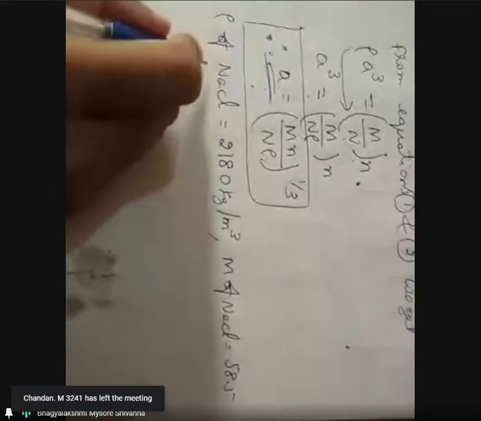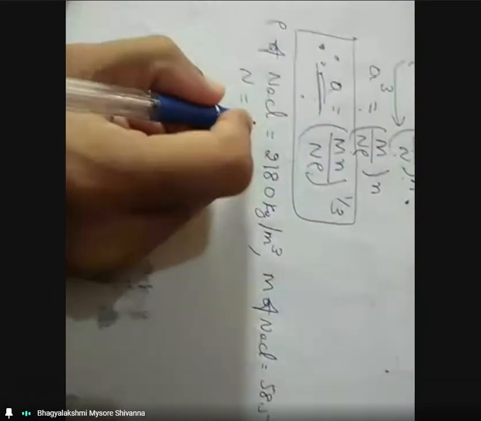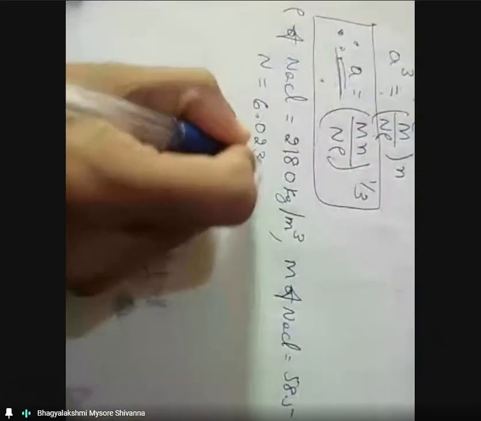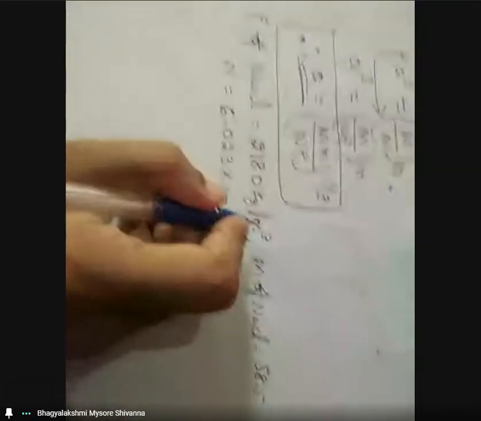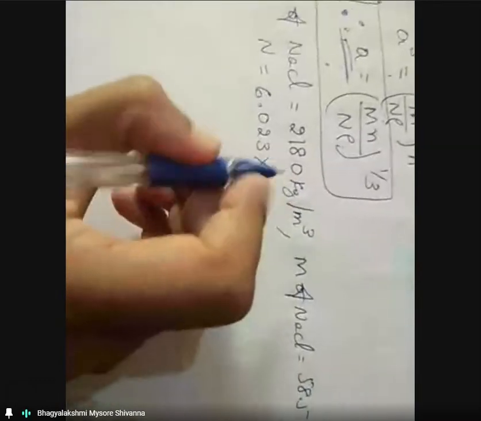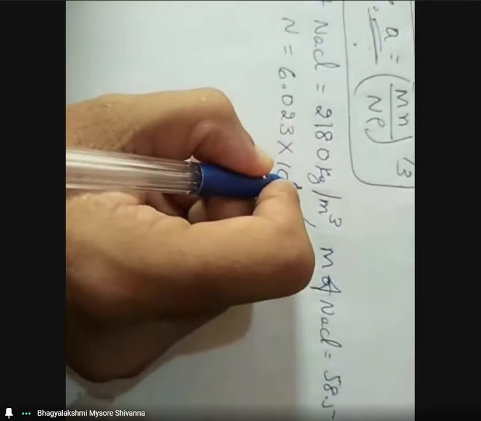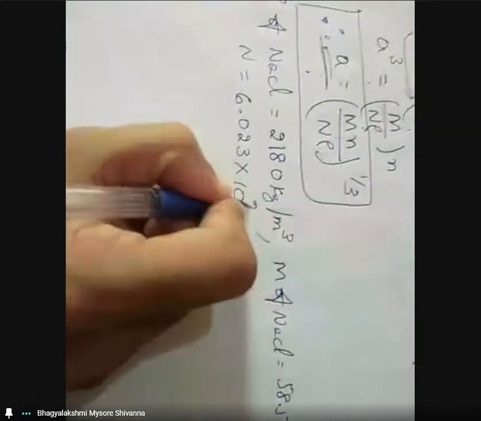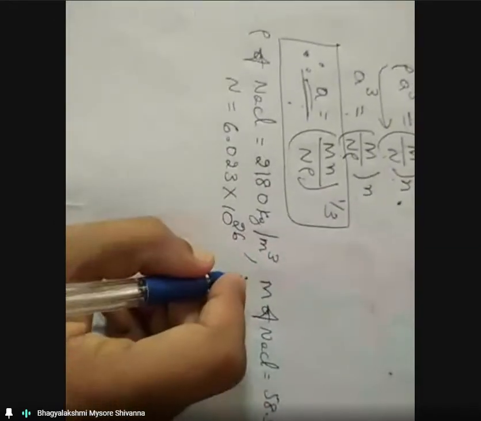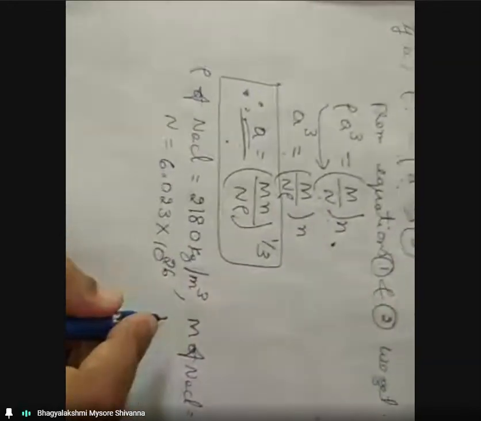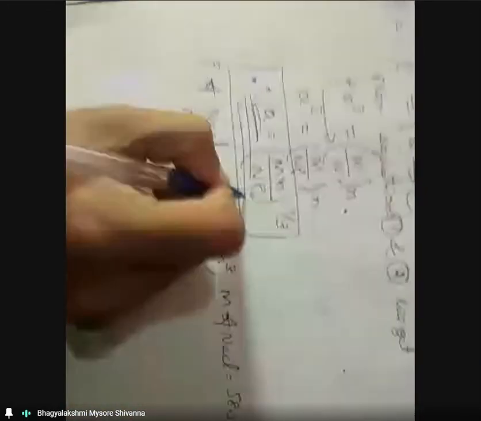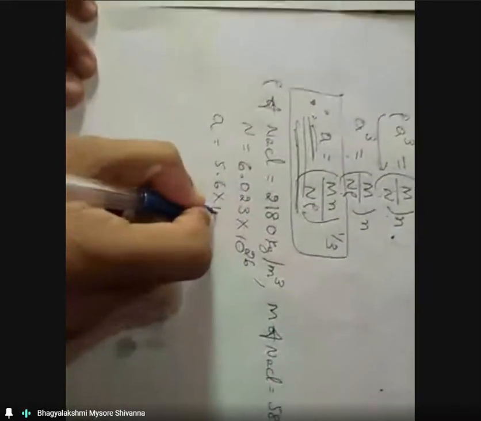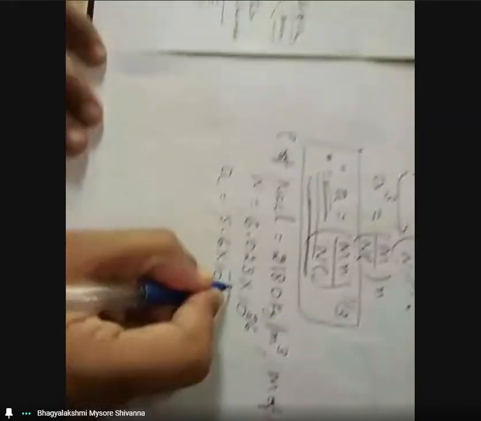And the Avogadro number N is 6.023 into 10 to the power 23, or 26. Putting these values in this equation, we get a equal to 5.6 into 10 to the power minus 10 meter.